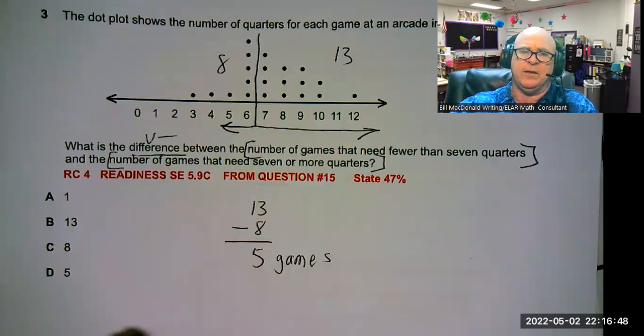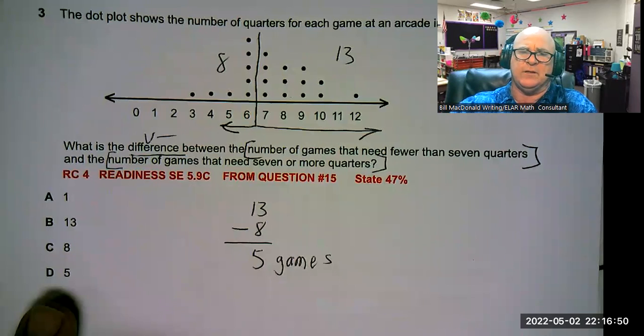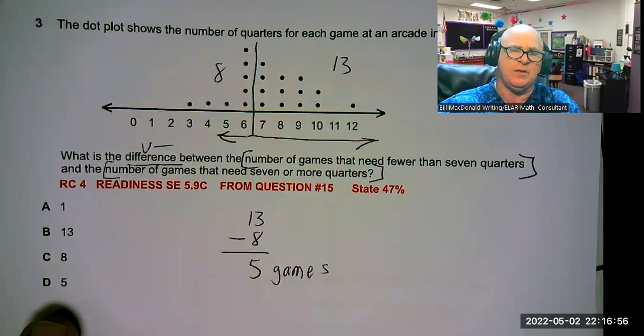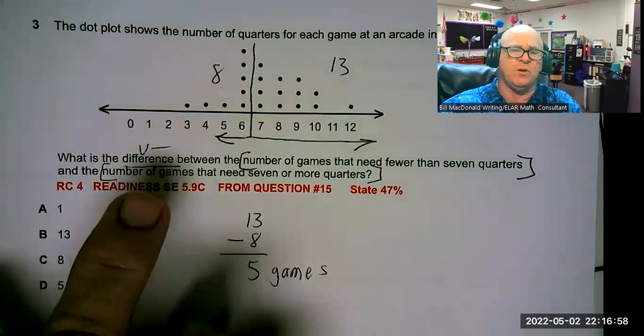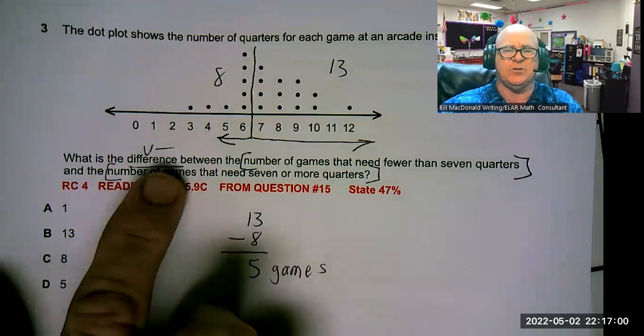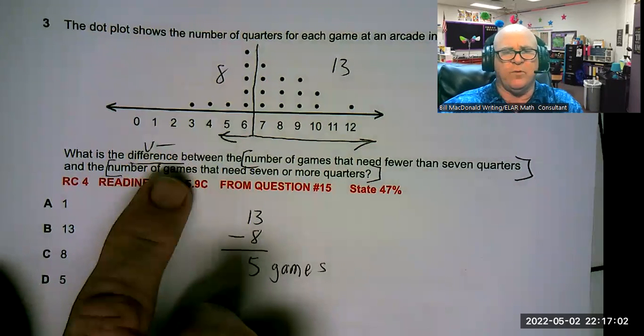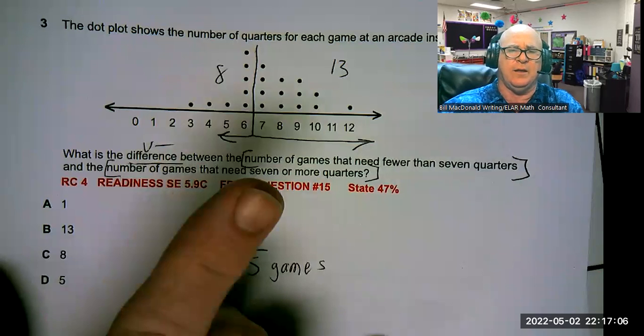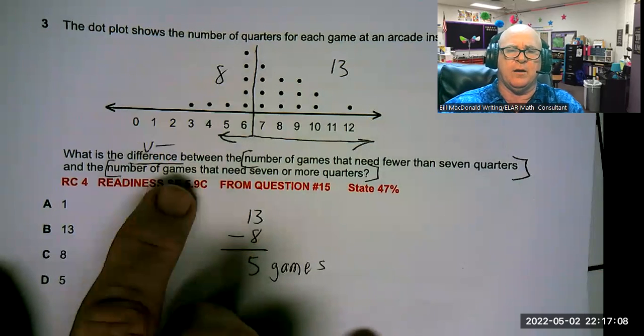So apparently the students in Texas either don't understand dot plots, or don't understand what the word difference means, because it was with some totally unrelated situations, had a number line just like this, it had numbers, it had dots, and it had to compare the numbers.